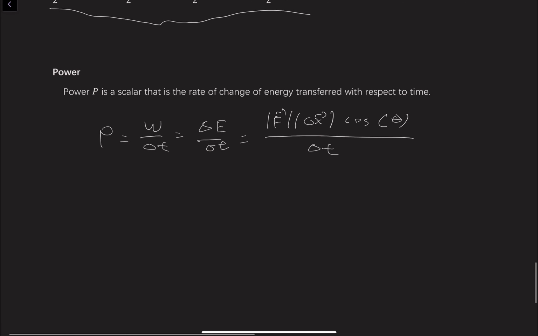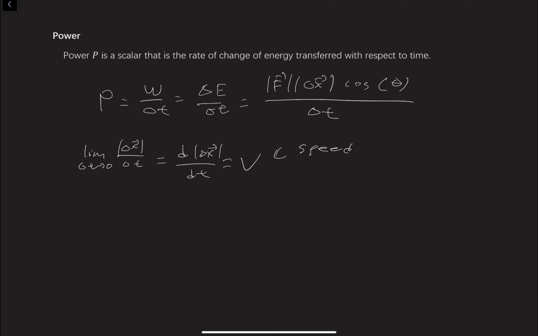For instantaneous power, we can take out this delta x and delta t. So the limit as delta t approaches 0 of the magnitude of delta x over delta t is equal to the derivative of the magnitude of x with respect to t, which is the speed, not velocity.